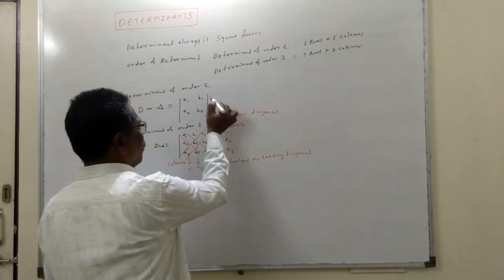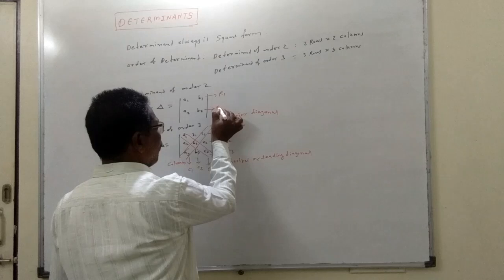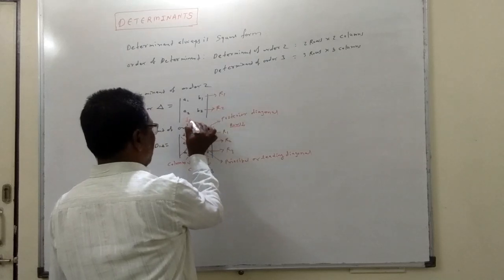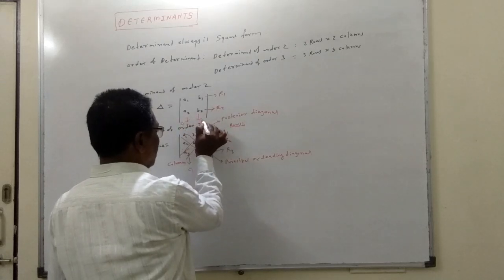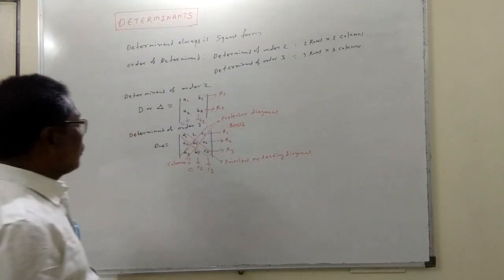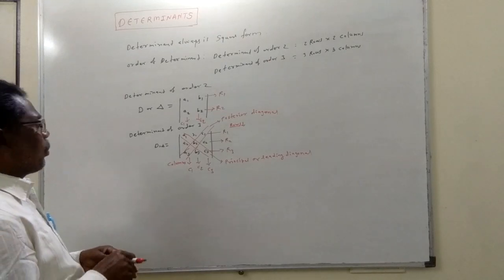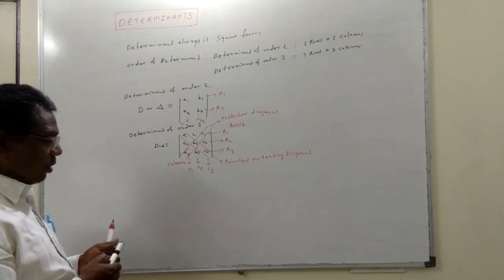In the same manner for 2 by 2 also: this is the first row, this is the second row, this is the first column, this is the second column, and this is the principal diagonal. This diagonal is the posterior diagonal. So this is about the determinant, its order, etc.